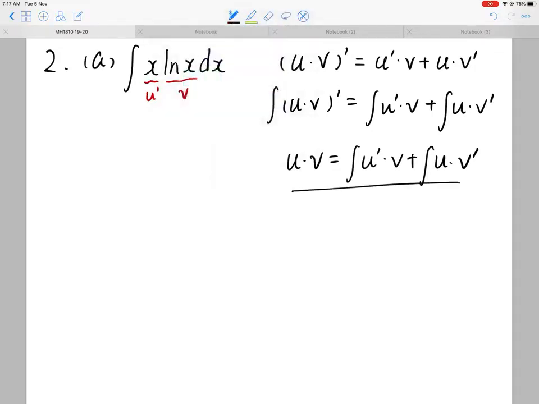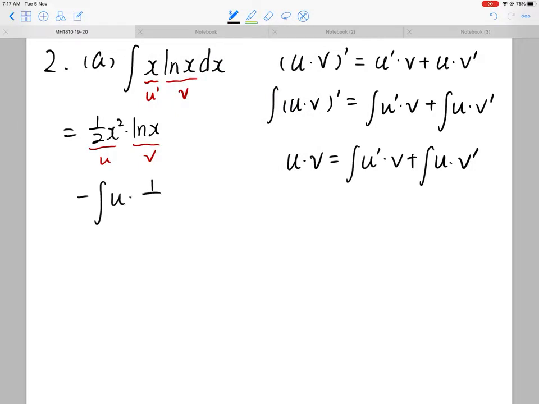Then from this formula, this should equal u times v minus the integration of u times v's derivative. Sorry, I literally wrote u. It should be half x squared times v's derivative. So this is u, this is v's derivative.